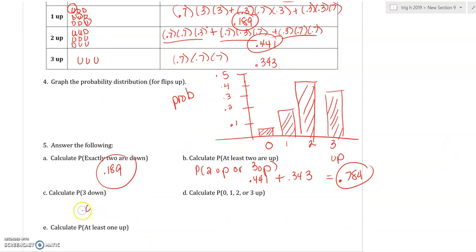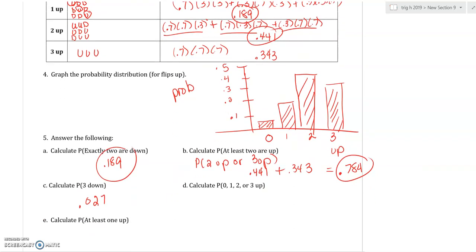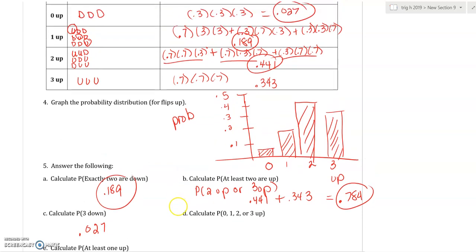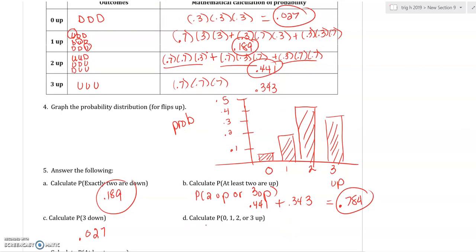Okay, next question. It says 3 down. Well, 3 down we already figured out was 0.027 because 3 down is 0 up. Now, 0 or 1 or 2 or 3 up. Well, if we add all of those together, go ahead and do that. You have 0.027 plus 0.189 plus 0.441 plus 0.343.